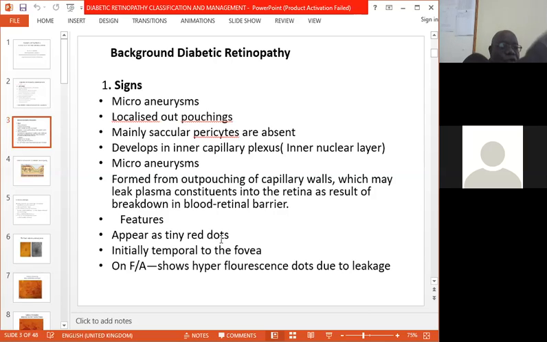You find them as dots of fluorescence, because now the fluorescein which has come with blood, some of it ends in those small outpouchings from the capillaries. So when you are looking there, you see them as small dots.